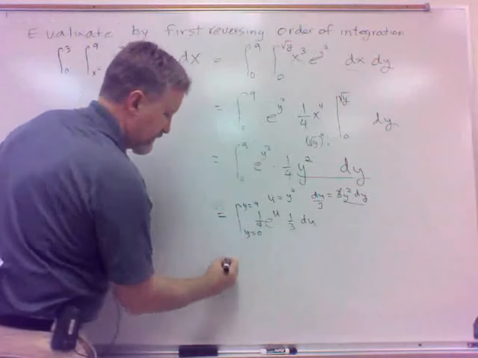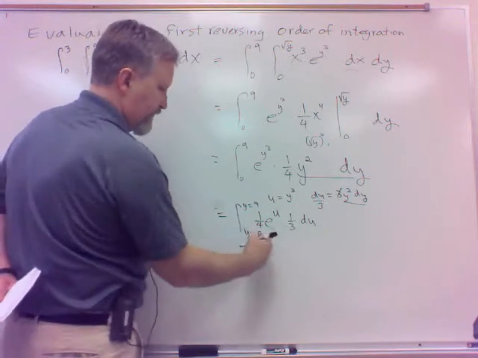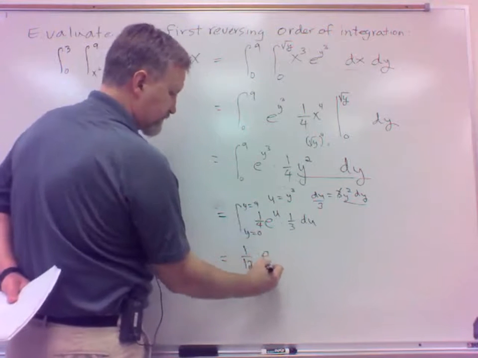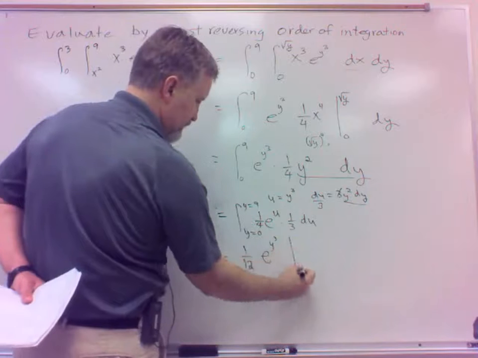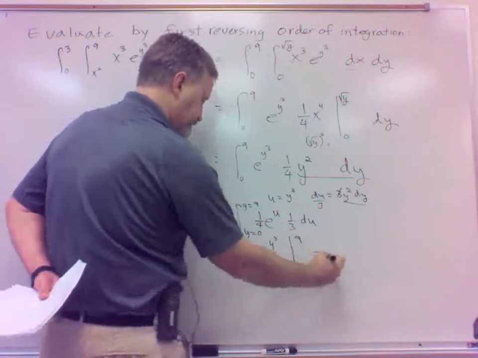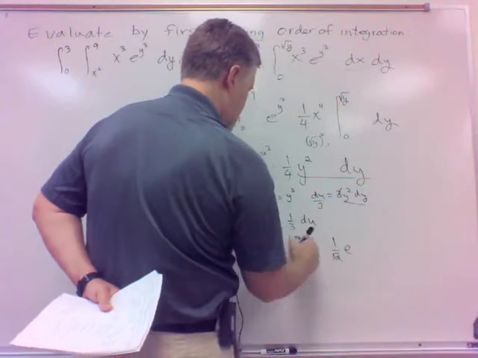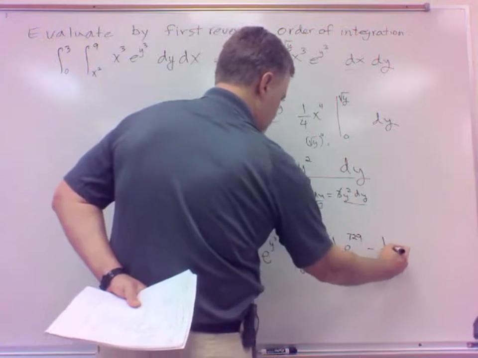That's just easy. It's just 1/12, and then the antiderivative of e to the u is e to the u, but we know u is y cubed. And so I'm going to run that from 0 to 9. That'd be 1/12 e to the 9 cubed, which is 729, minus 1/12 e to the 0.